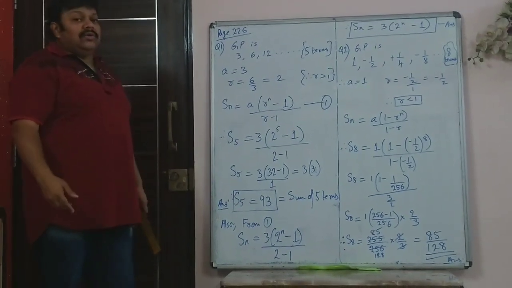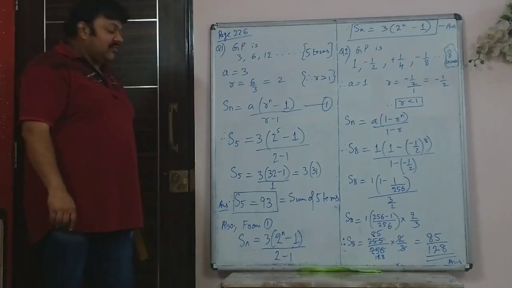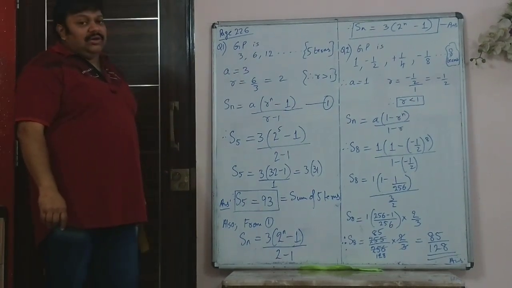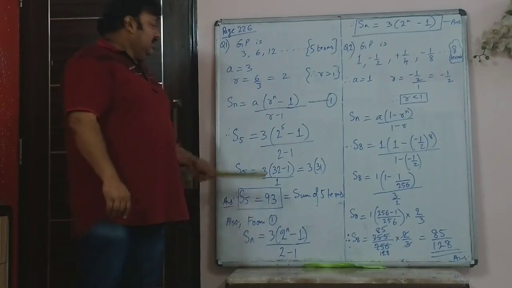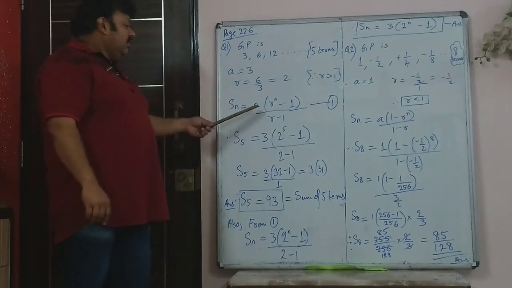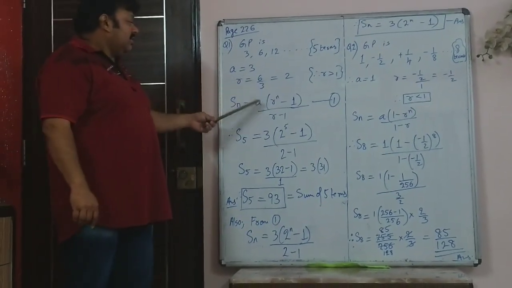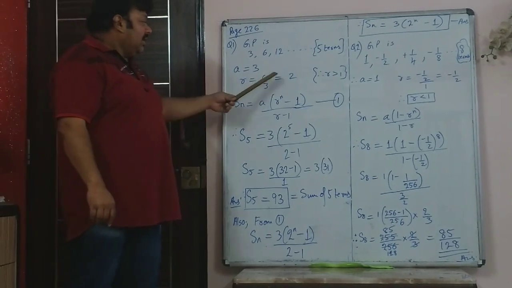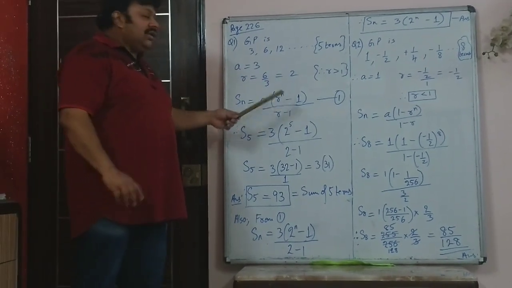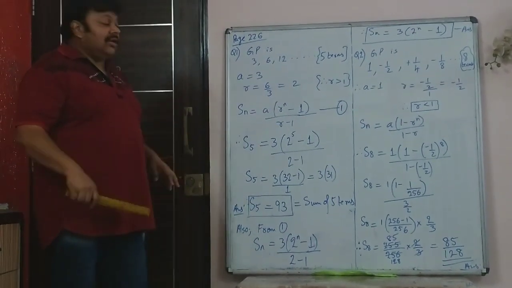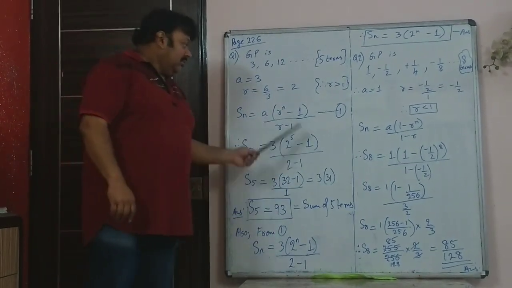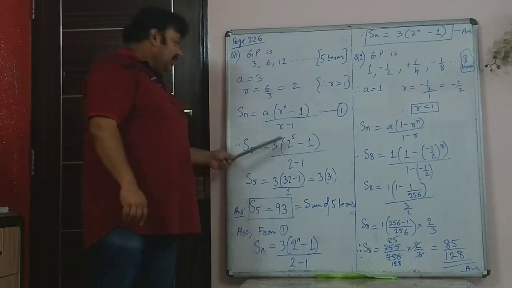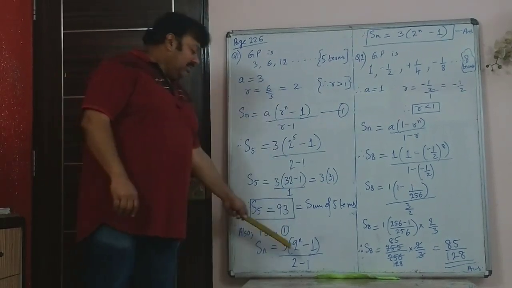You are also asked to write a general expression for the sum of n terms for this particular GP. So in your general expression, you substitute the value of A as 3 and R as 2, and leave n as n. That will give you the general expression: 3 into 2 raised to n minus 1 upon R, which is 2, minus 1.